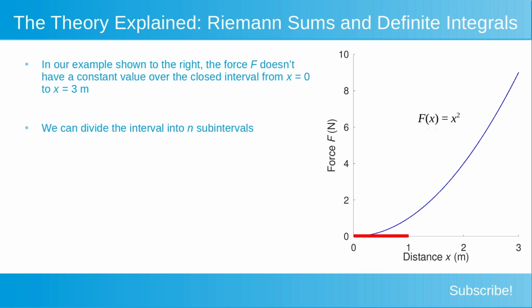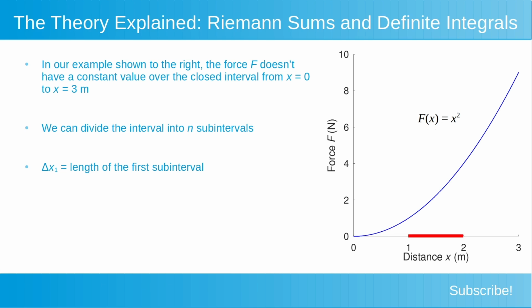Shown now at the right-hand side of the screen, our first sub-interval is currently being highlighted in red. And we're going to use the variable delta x1 to represent the length of this first sub-interval.